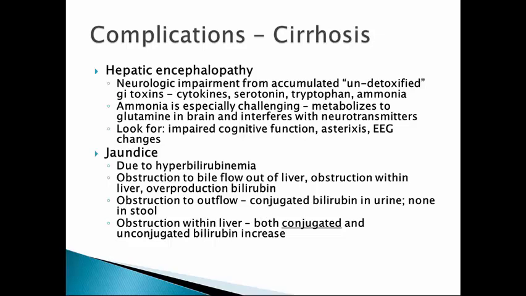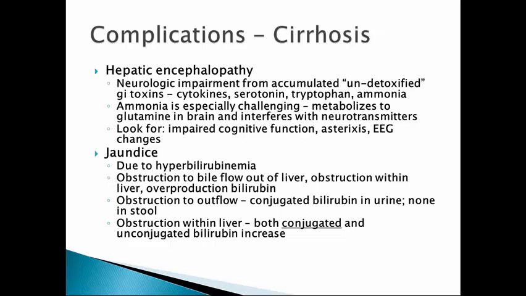challenging. Ammonia metabolizes to glutamine in the brain, and when it does, it interferes with neurotransmitters. Now, what's important, again, is that we always look at ammonia levels in someone who has cirrhosis. However, we need to remember that those ammonia levels do not have a direct correlation to the extent of the encephalopathy.